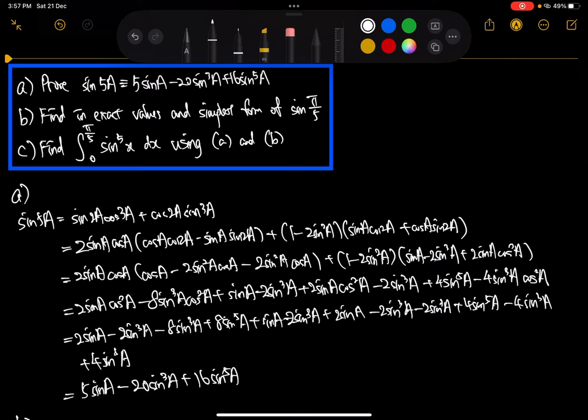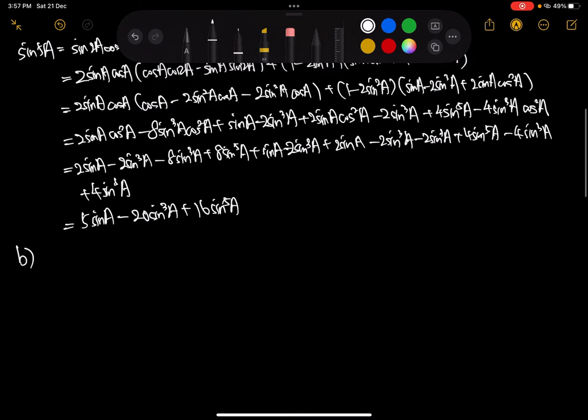And in part B, this is where it gets interesting. So we could just use the identity we proved in part A. And this is just an order 5 equation with one unknown.